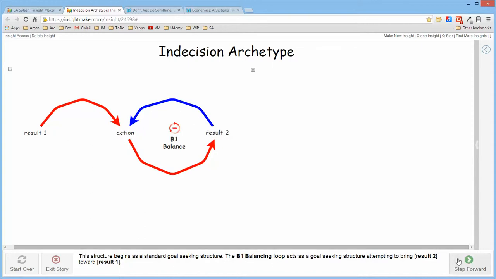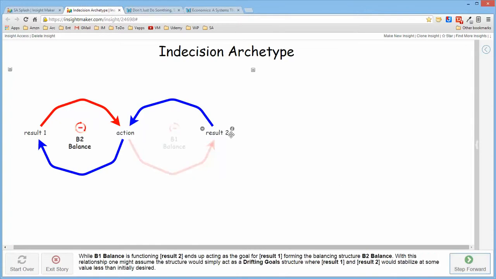Though what happens, in the rest of the structure, is that result 2 just happens to be the goal interacting with result 1, attempting to move result 1 in the direction of result 2.